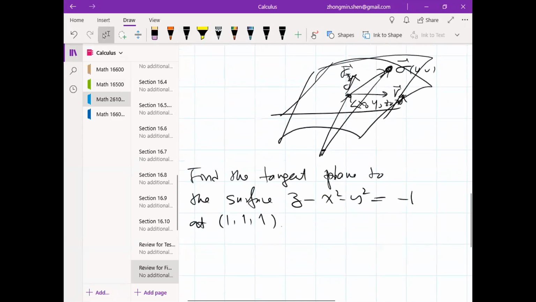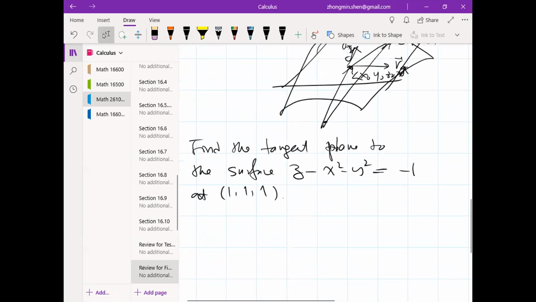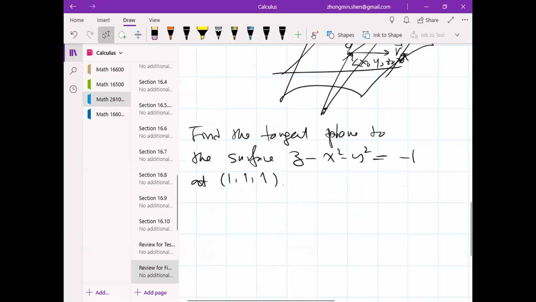You can have multiple ways to solve this problem. You can view this surface as a graph of a function. You can also view the surface as a level surface of some function. So there are two different ways to find the tangent plane.